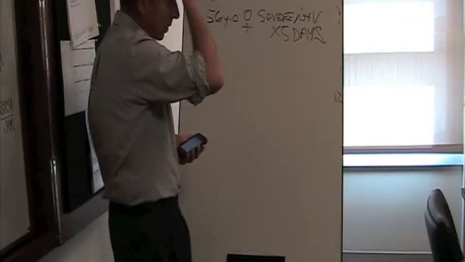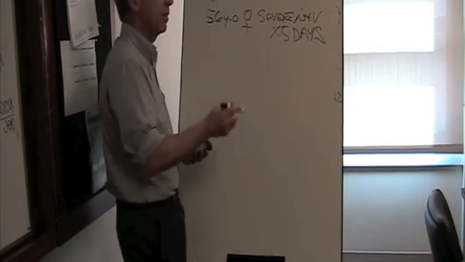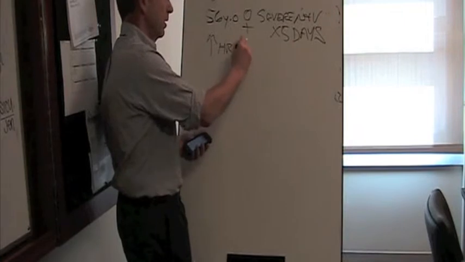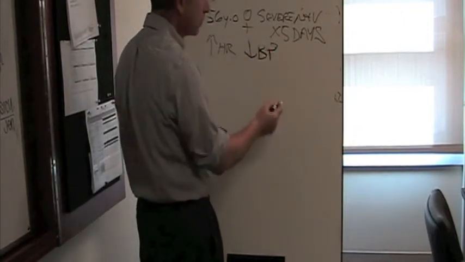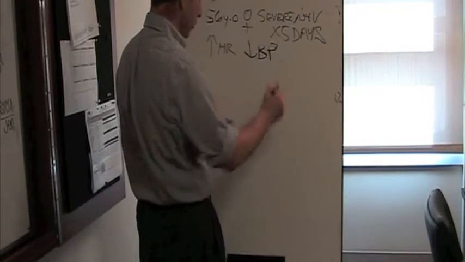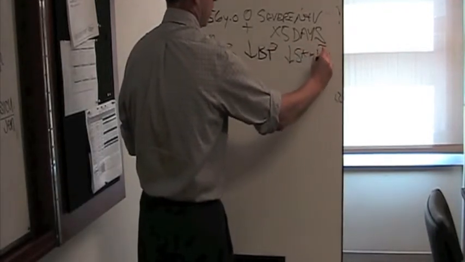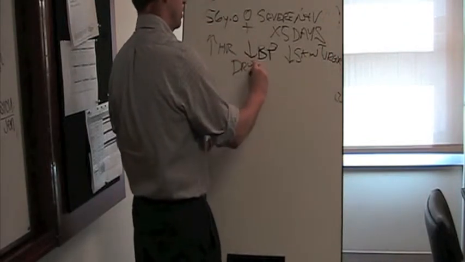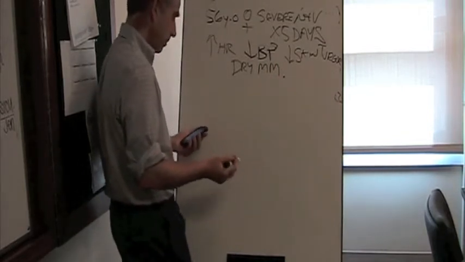So the patient comes into the emergency room with this history. You do your physical exam, and you find out that they have an increased heart rate, tachycardic. They have a low blood pressure. They're hypotensive. They have decreased skin turgor, dry mucous membranes.